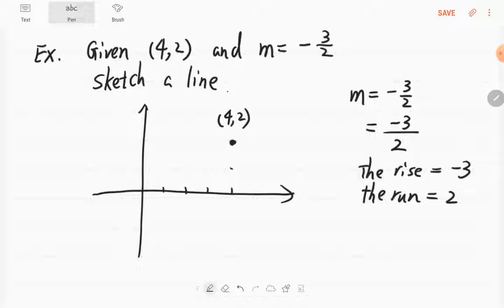The rise equals negative 3, so you need to go down 3 units: 1, 2, 3, right? Then the run is 2, so increase by 2 units: 1, 2. So the next point would be here, right? So this is the straight line.